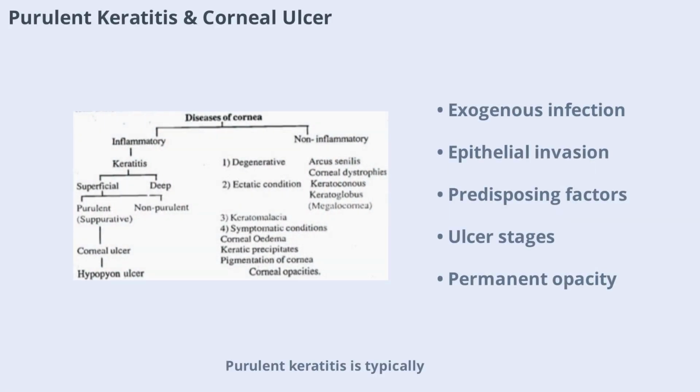Purulent keratitis is typically caused by exogenous pyogenic organisms. Some bacteria, like gonococci and diphtheritic organisms, can invade intact corneal epithelium, while others require epithelial damage. Trauma, poor corneal resistance, nutritional deficiencies, epithelial desquamation, neuroparalytic keratitis, and dry cornea are predisposing factors.